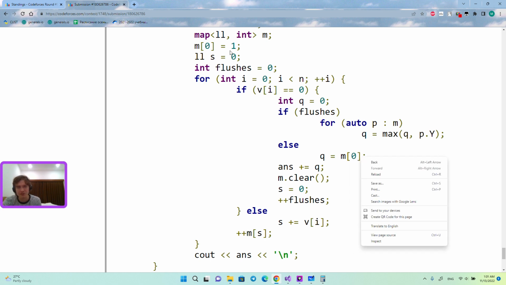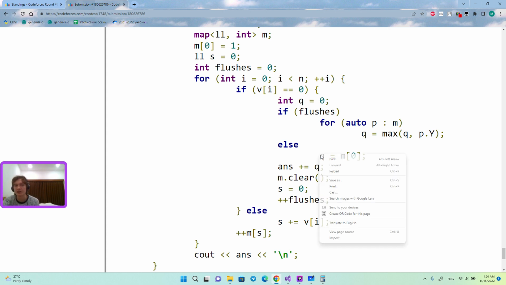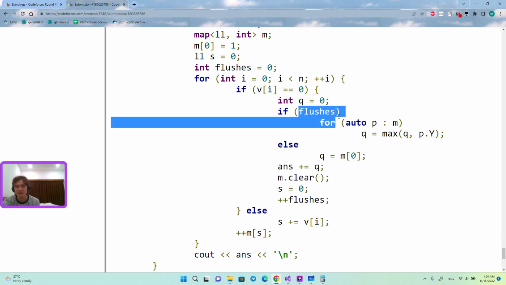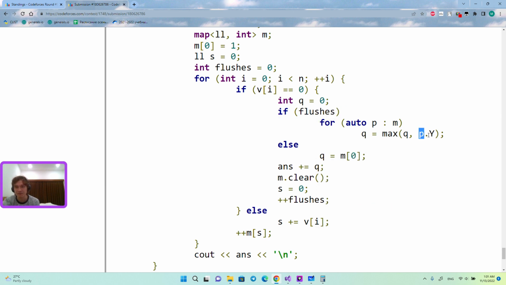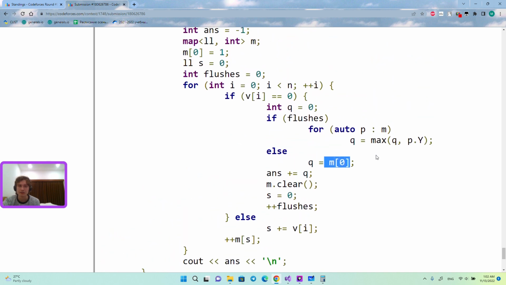So I store all prefix sums in a map. And if I cannot change these prefix sums because there are no zeros, I just take m0 as my answer here. But if I had it, then I take the maximum number of occurrences of a prefix sum, not exactly 0. And it's kind of it.